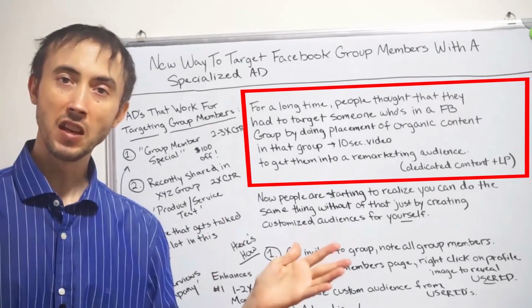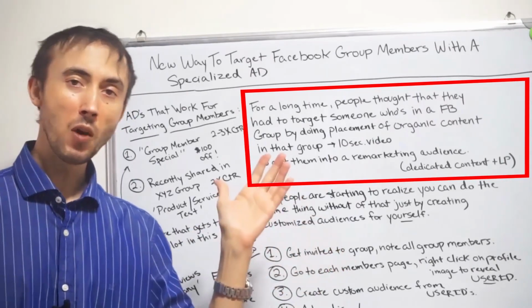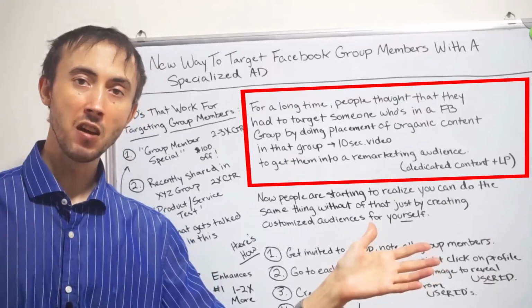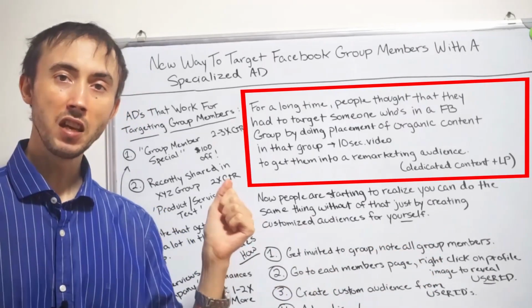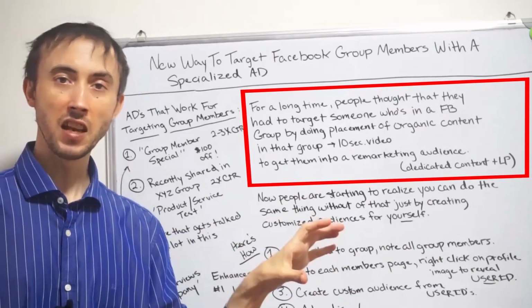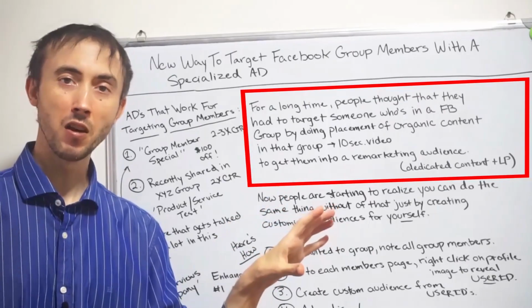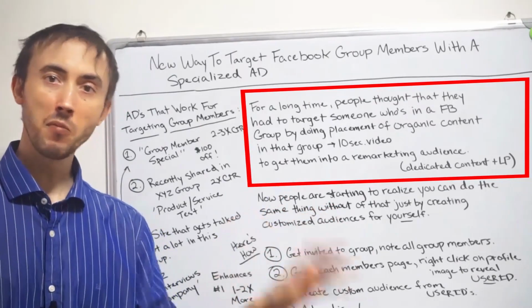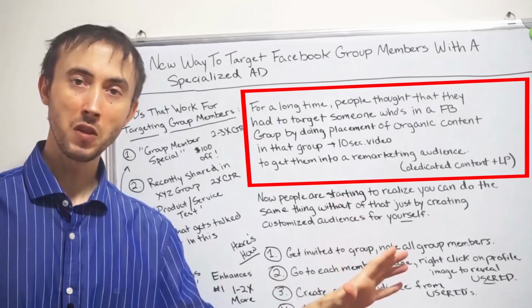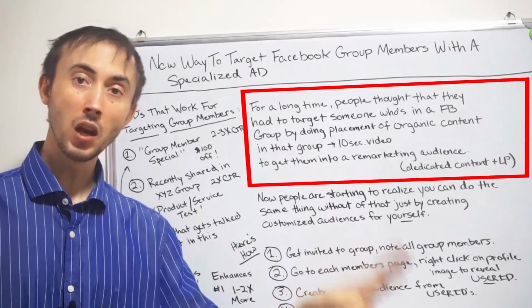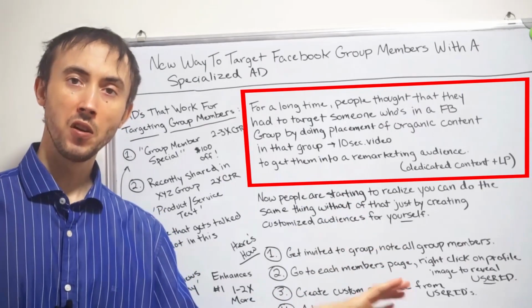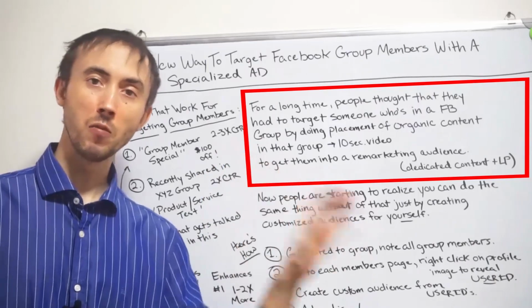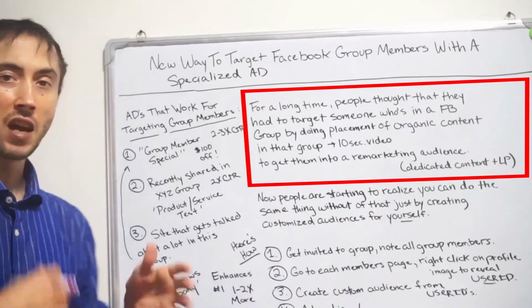You share that video. If they watch at least 25% of that video, now inside your Facebook targeting settings, when you set up that campaign to follow all this, you could say anybody who's watched this particular video at least 25% of the way through, I want my ad to show up just for those people. So you can kind of see how this works.